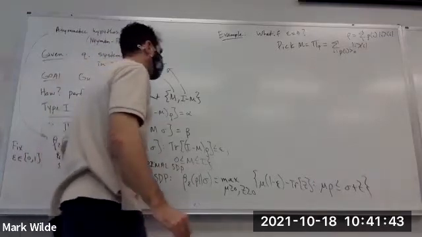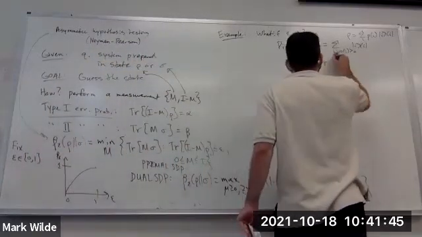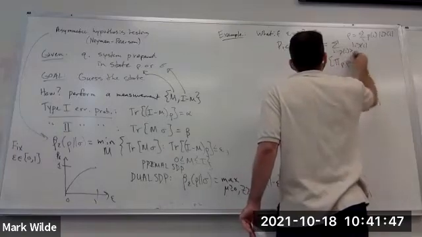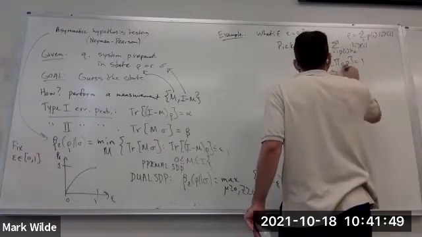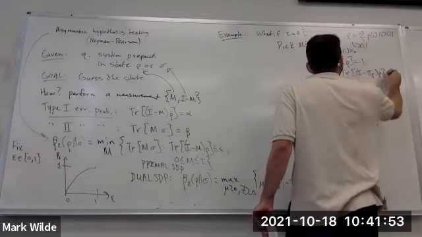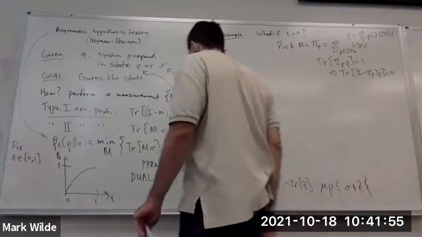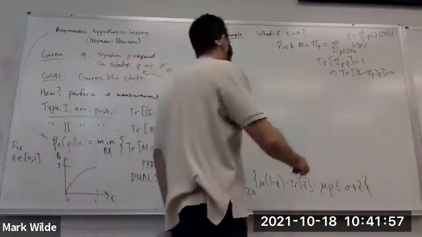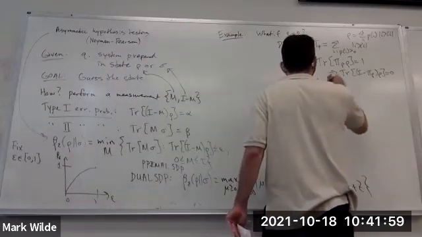And the trace of this is 1, so this implies the trace of the type 1 error is 0. Okay. And then that leaves you with the value of the objective function.